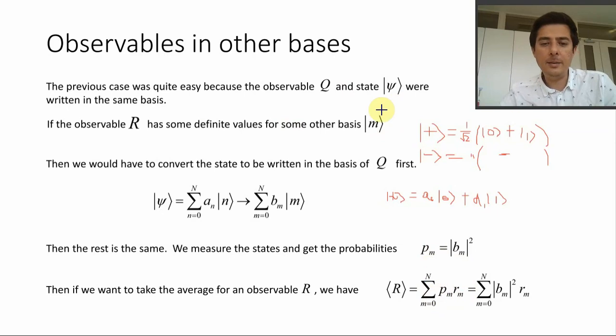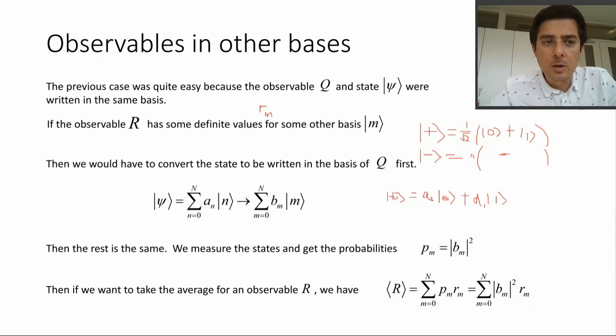So this Rm is the definite values. Here I should have written Rm. So the definite values are m for some basis of those. And then the average value would be equal to the bm mod squared times rm, and then you sum over all different cases.